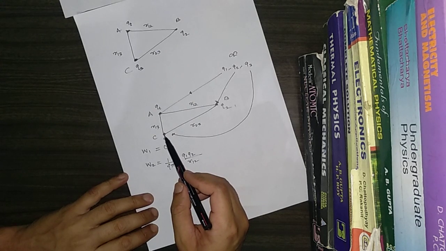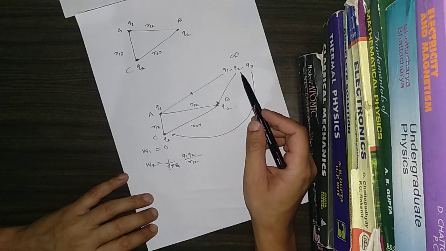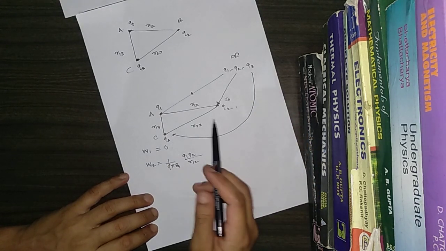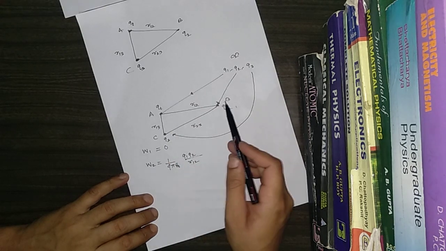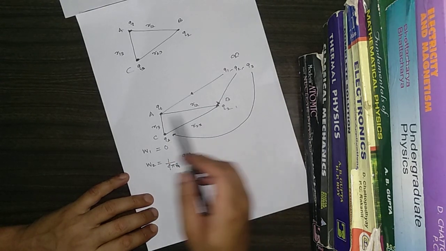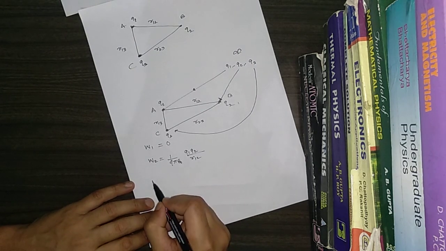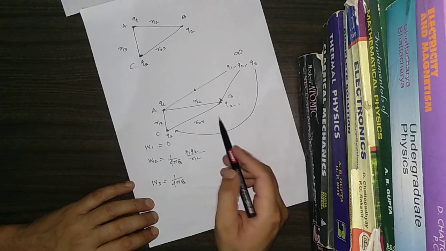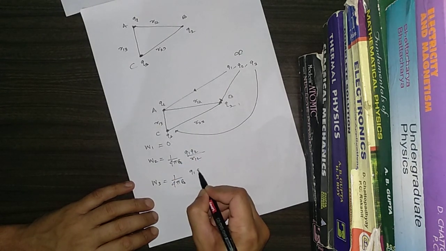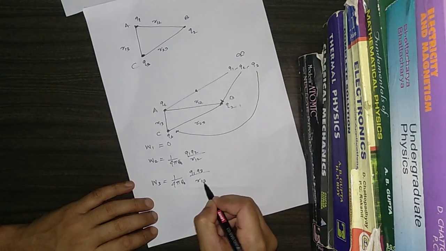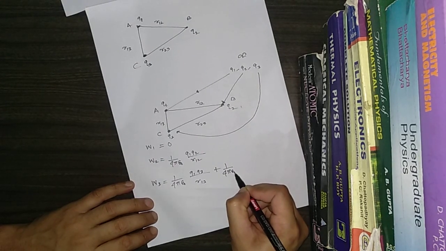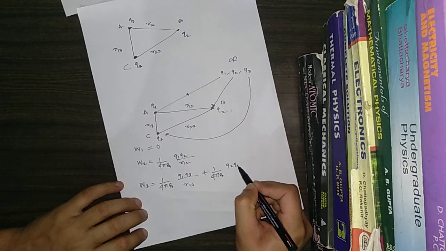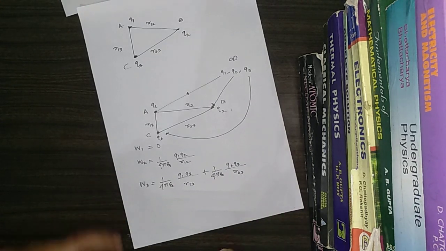The work done will be influenced by the repulsive force of q1 as well as that of q2. So W3 will be 1 by 4 pi epsilon 0 q1 q3 divided by r13, plus 1 by 4 pi epsilon 0 q2 q3 divided by r23. So this is our W3.